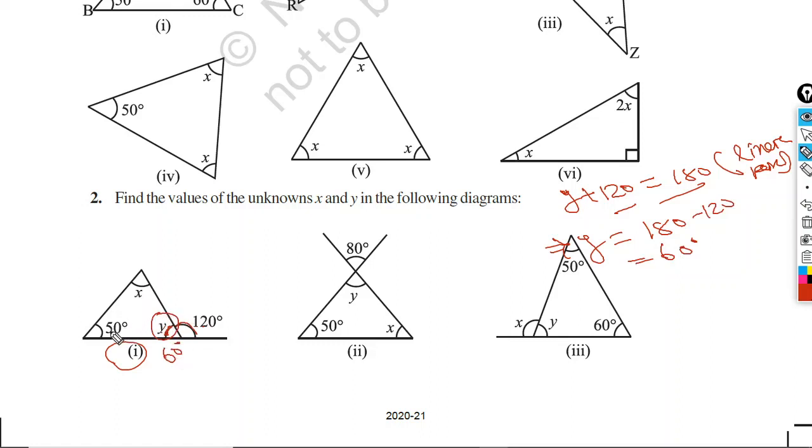Again we will write sum of the three interior angles is 180, that means 50 plus y plus x. Please write the statement that sum of the three interior angles is 180.